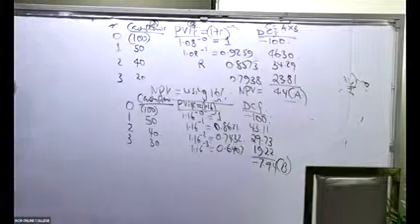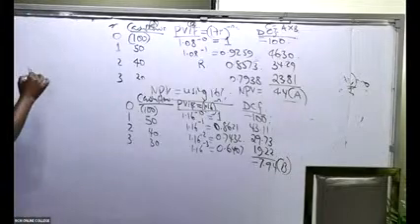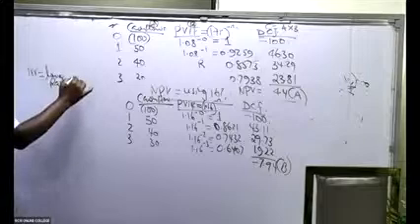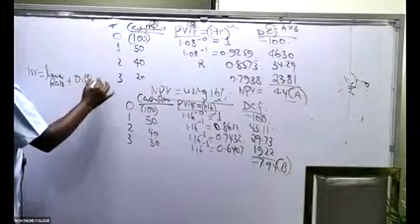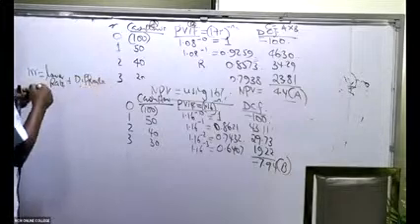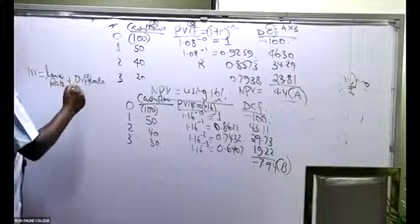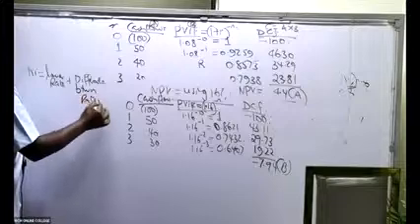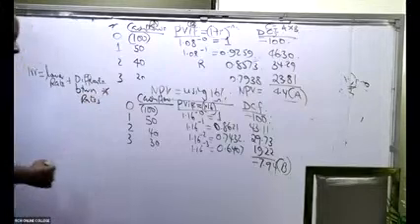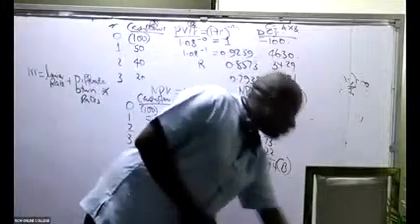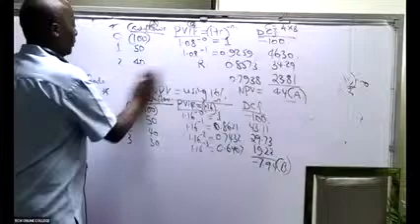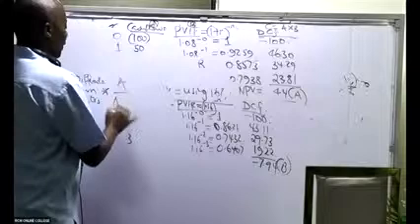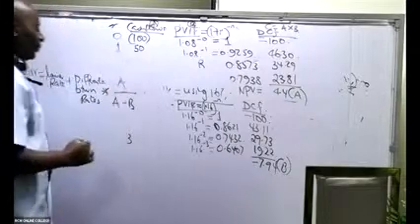To get IRR, my friends, I'll take the lower rate plus the difference between rates, times A, all over A minus B.